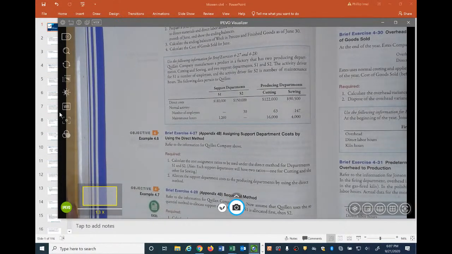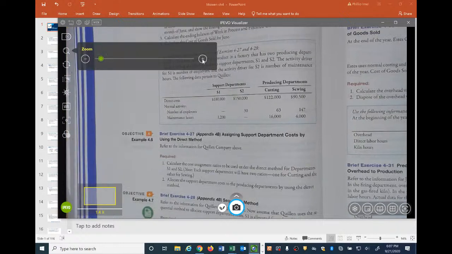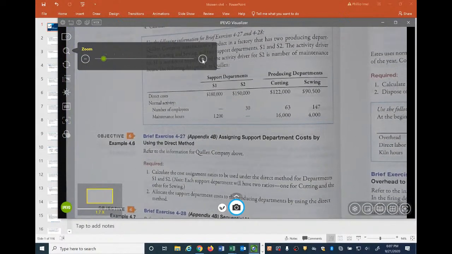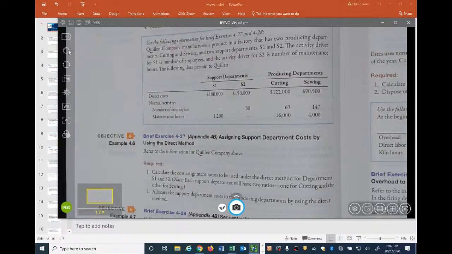I need to zoom in on that for y'all a little bit. Okay, so we're using this data right here for 427, and then here's your questions. Can you see that? I know it's kind of blurred. Everyone can see that okay?